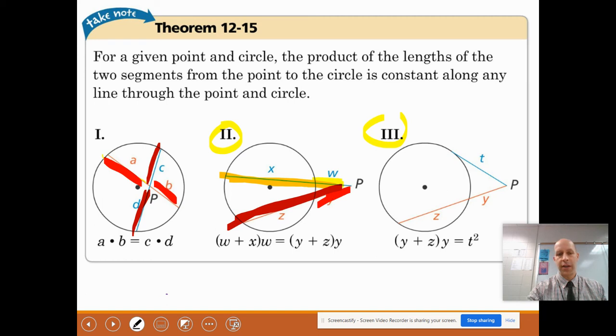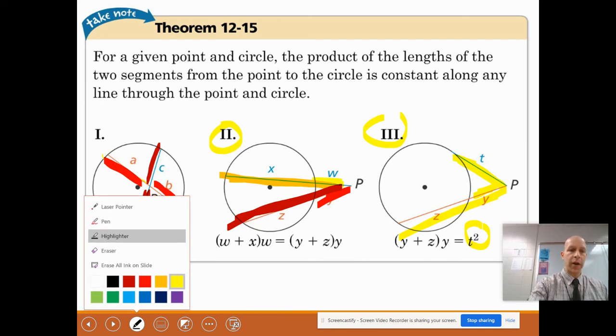Now, notice it has a T squared. We've got that T squared because Y times Y plus Z is going to be equal to T times itself, so T squared.